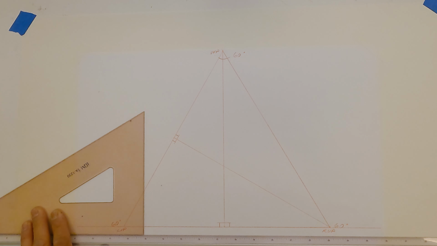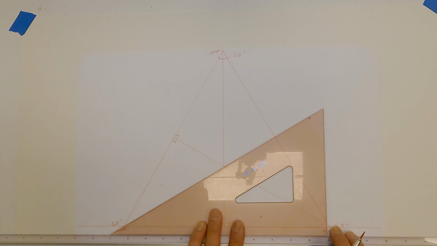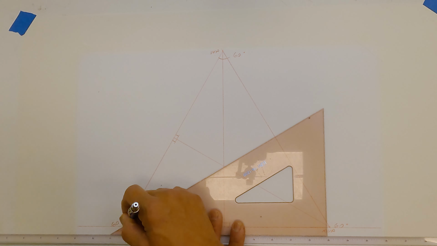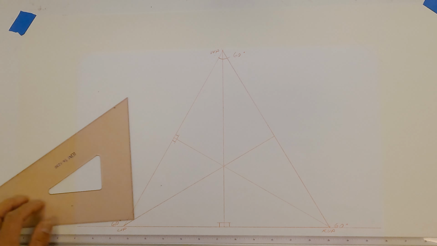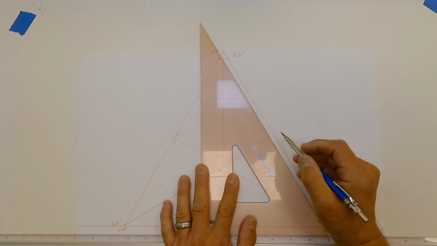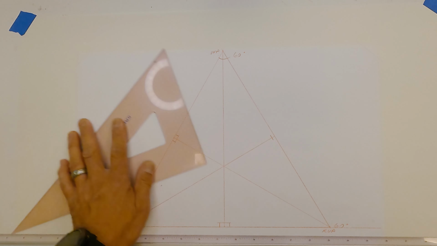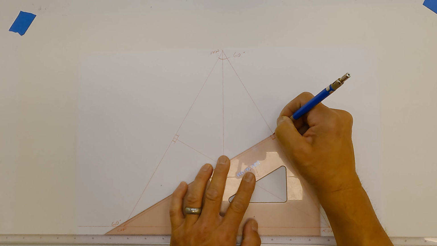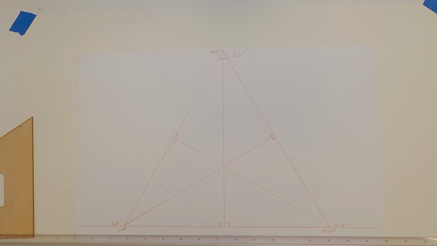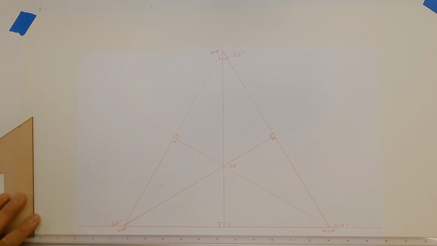And we do the same thing here, and look what happens. Meets perfectly in the center, where we find our center of vision. So this right here becomes our center of vision.